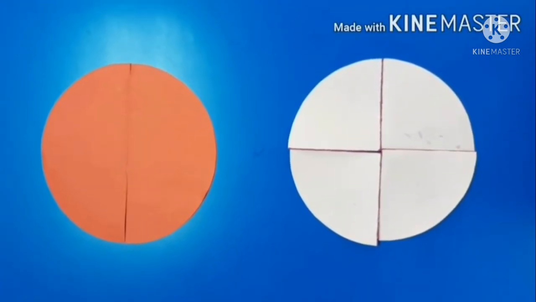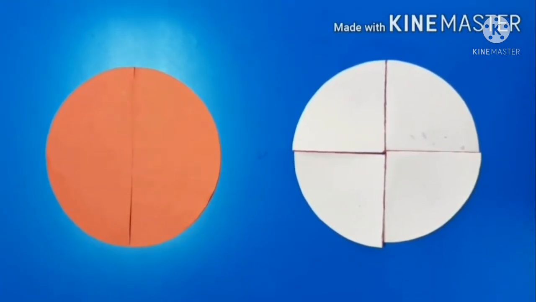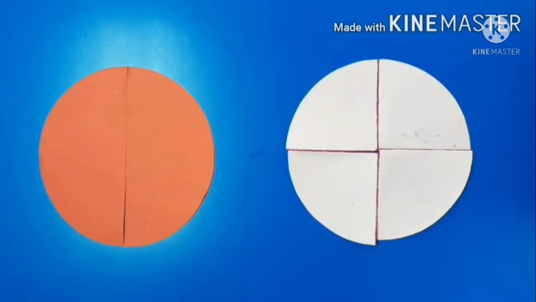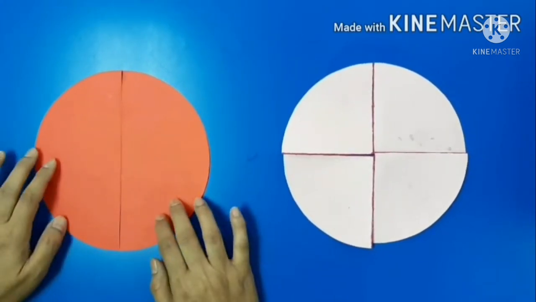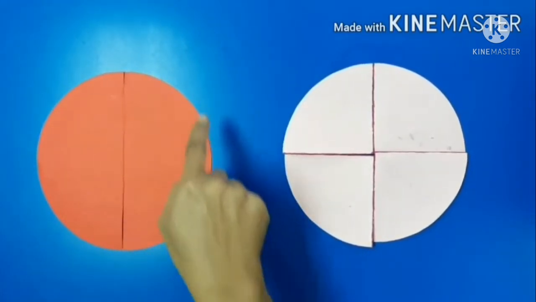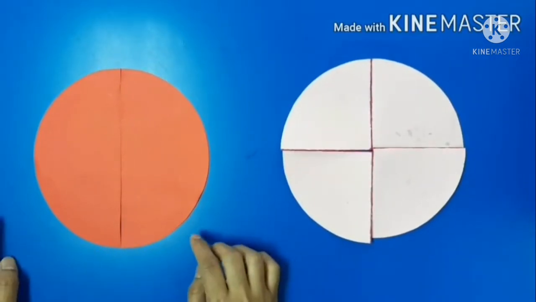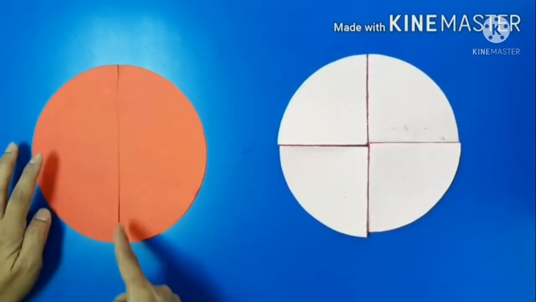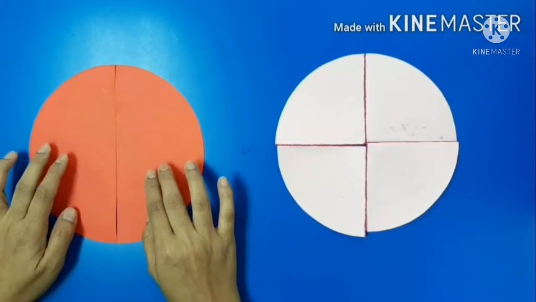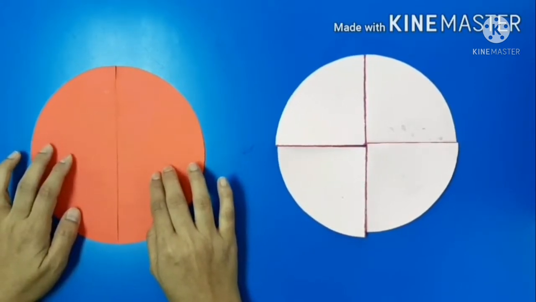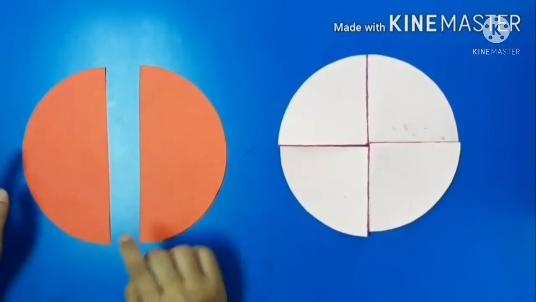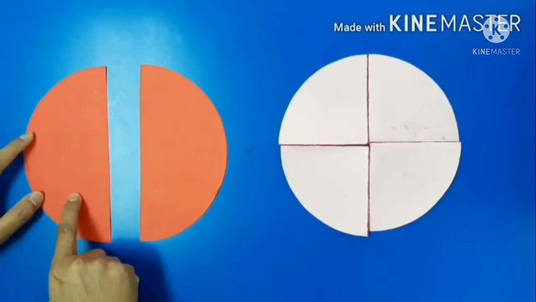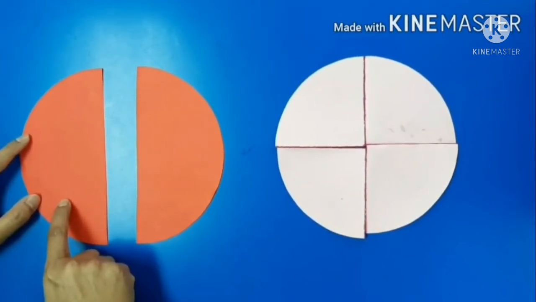Hello children, now I am going to teach you about fraction. This is a whole circle. If I were to cut the circle into two parts of equal sizes, this will be 1/2, half.